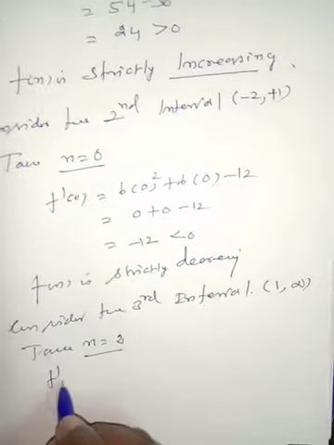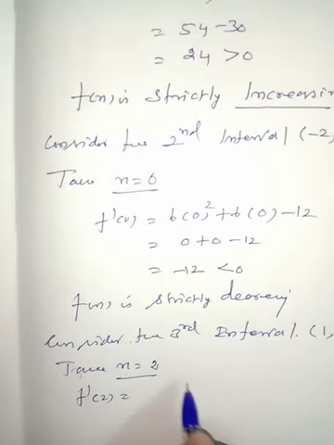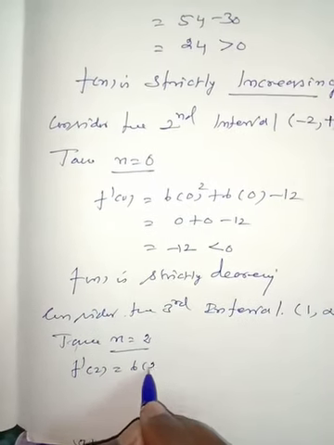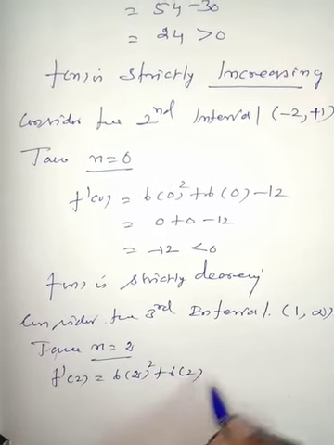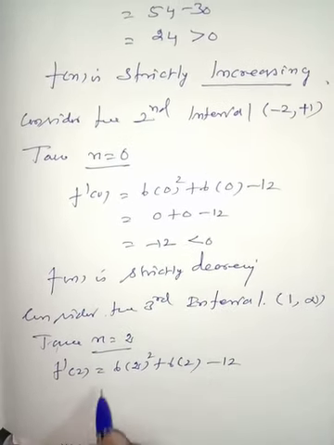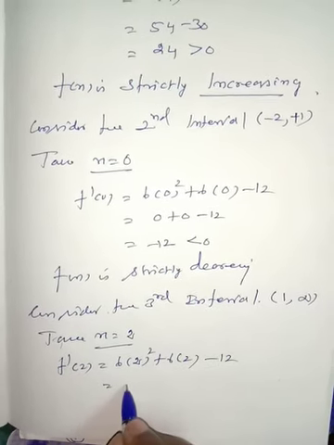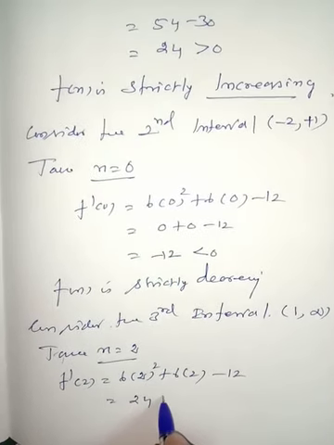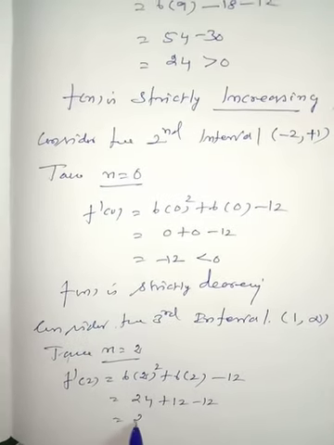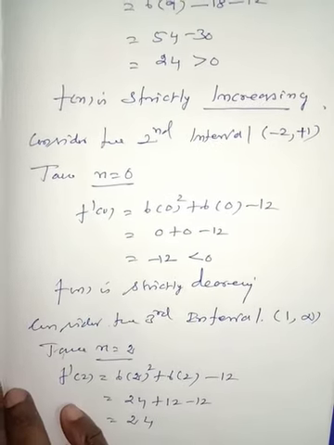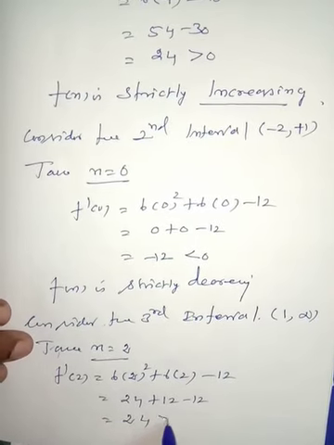F dash of 2 is equal to 6 into 2 square plus 6 into 2 minus 12, which is 6 fours are 24 plus 12 minus 12. This means 24. 24 is positive.